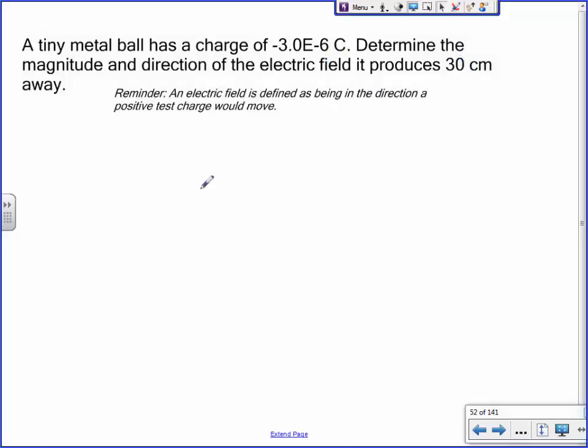So our new formula: electric field strength is equal to KQ over R squared. Remember what K is? Awesome. 8.99 times 10 to the 9. The harder part is remembering what the units are again.